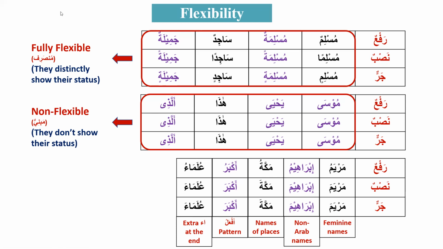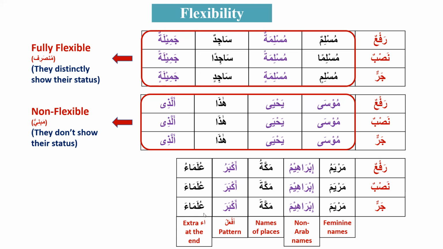You see, they show their status to some extent, but they don't fully show their status. They will show the rafa status, but for nasab and jar there will be some confusion, and then we will have to depend on the words before and after the word to determine whether it is nasab or jar.